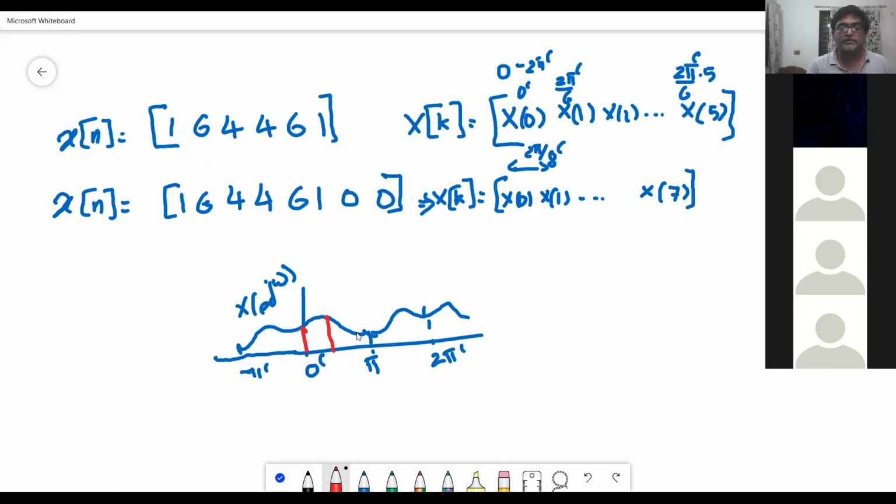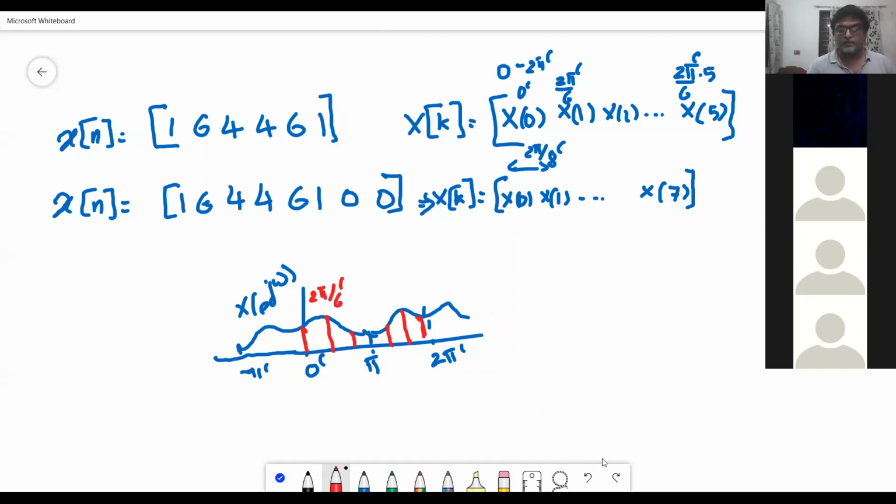Fifth sample, and the sixth sample. These are separated by 2 pi by 6 radian. My figure is not actually very correct, because I should have positioned the lines in a more accurate manner, but you can very easily understand what is being portrayed. So the spacing between the lines in the frequency domain will be 2 pi by 6 radians.